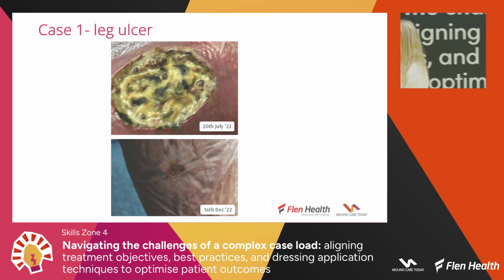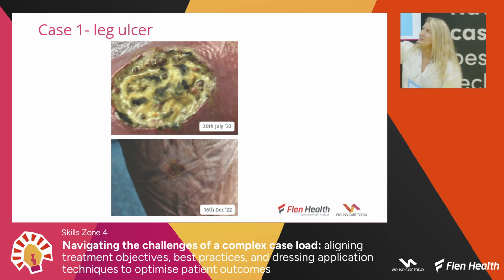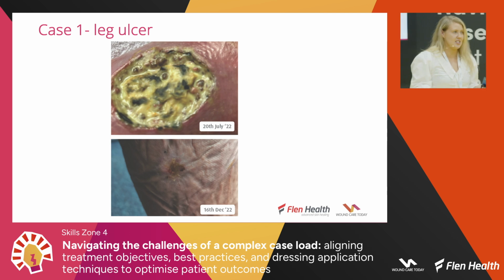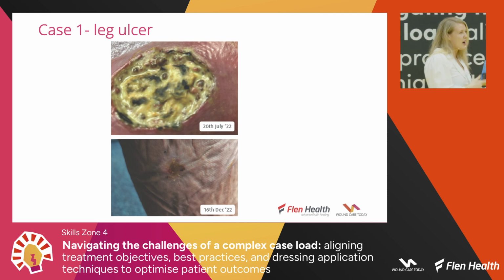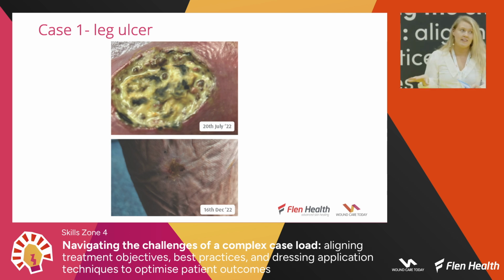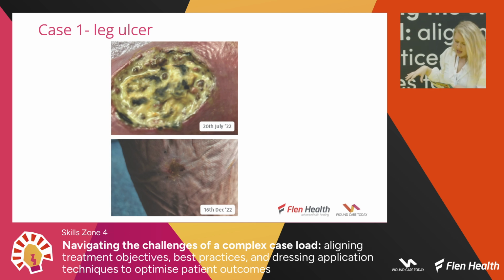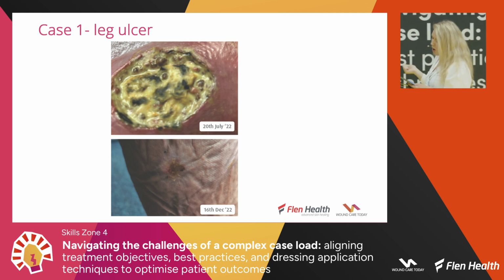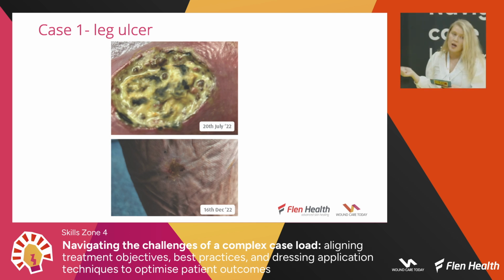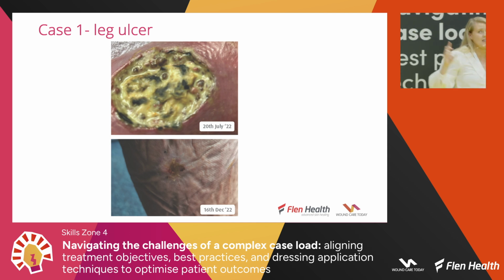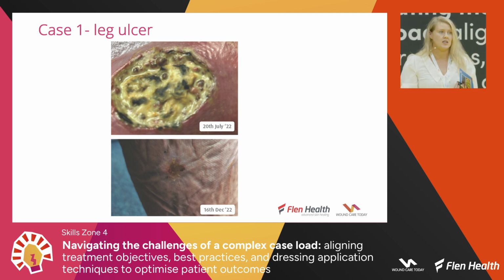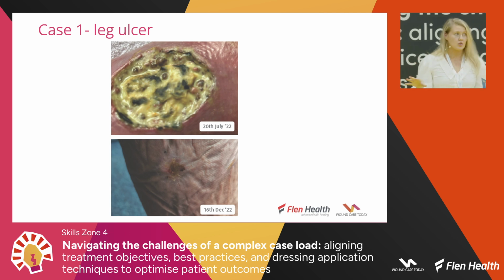So you can see here a little bit of depth, but you can see it's pretty much 100% devitalised tissue, a mixture of necrotic tissue, fibrinous slough, and it's got very high levels of exudate. There was a positive swab for anaerobic bacteria, Proteus and coliform, and because of the high levels of exudate, the edges of the wound were very macerated. So that's a little bit of background on it.